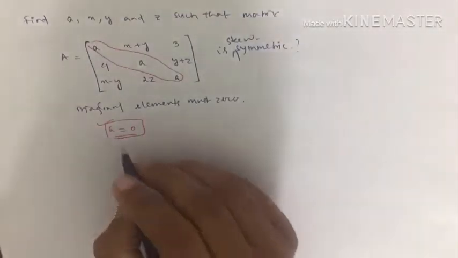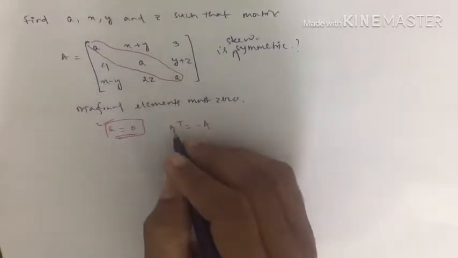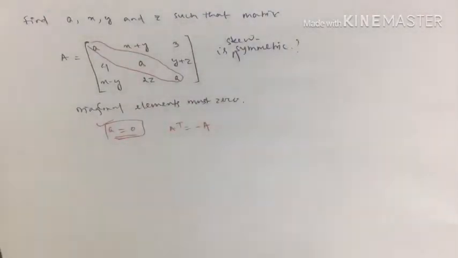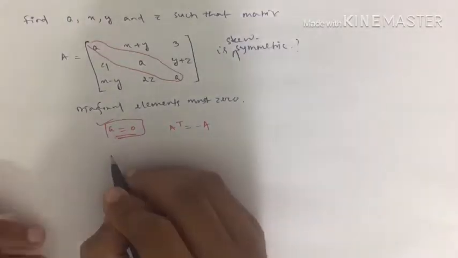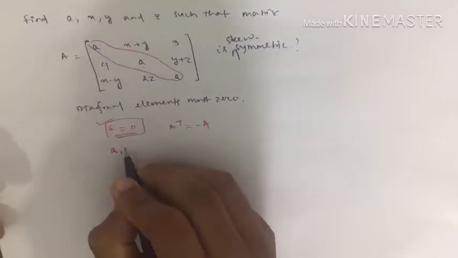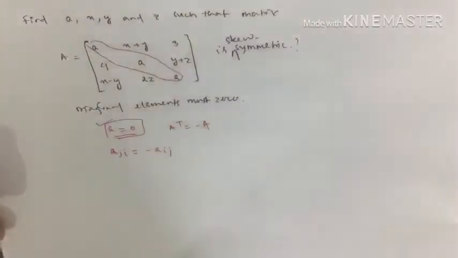Then you may go through A transpose is equal to minus A, find A transpose, then equate it with this matrix, then you can get the answer. But I am going through it element-wise. You have already studied a_ij equals minus a_ji.